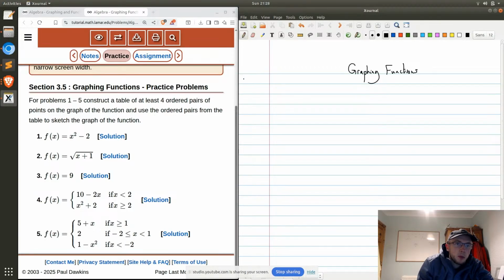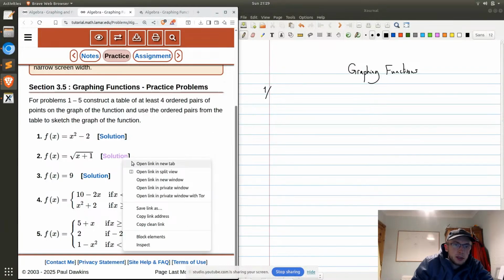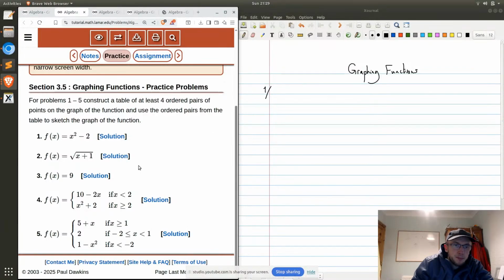Okay, for problems 1 to 5, construct a table of at least 4 ordered pairs of points on the graph of the function and use the ordered pairs from the table to sketch the graph of the function. So how to do that for problem 1, 2, and 3. For problem 1, we can see that this is a quadratic.